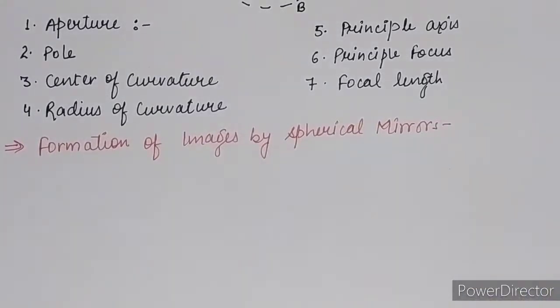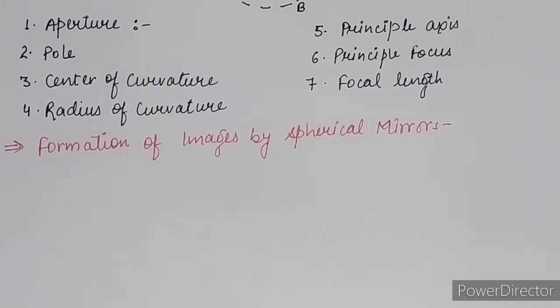Okay, now in this, just to find the position of the image, we can take any two rays originating from the object, and it is a must, beta. Just to find out the position of the image, we want any two rays originating from the object, at least two rays.